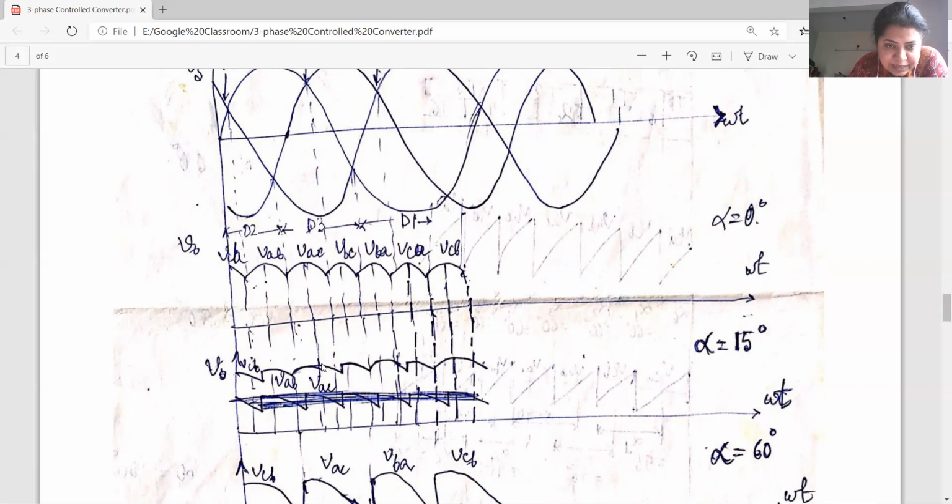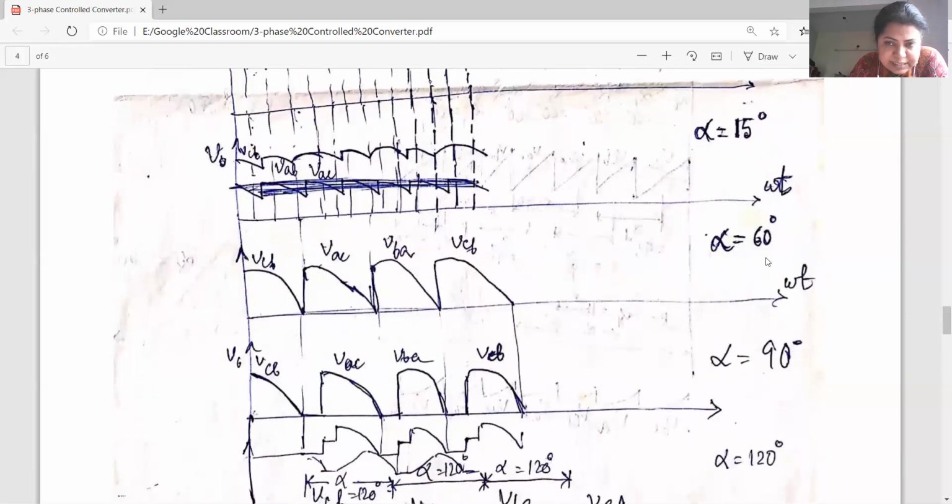Now VAC will appear again after 15 degree here. Again it will take up the waveform for VBC. Again VBA, it will move by an angle of 15 degree. VCA, it will take up the waveform. Likewise it will follow.